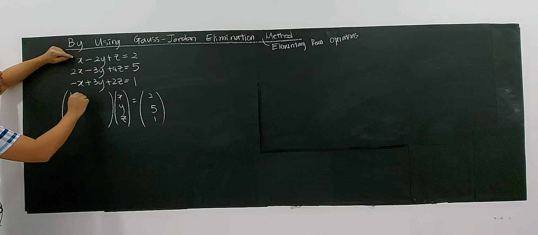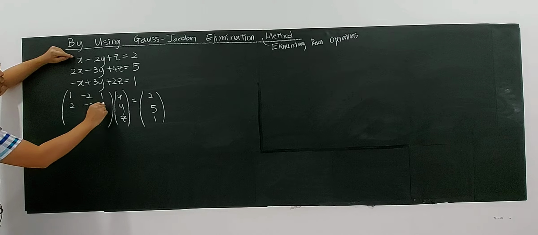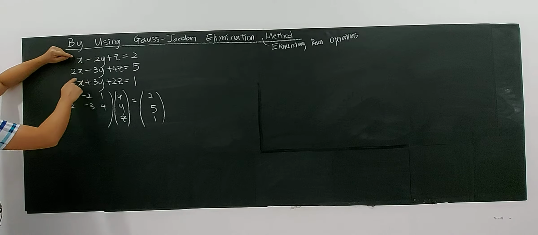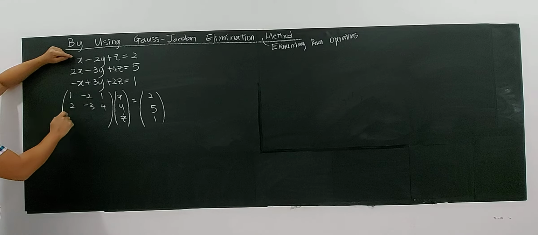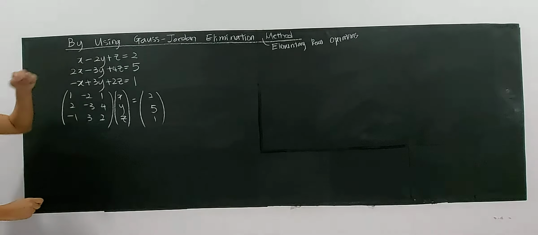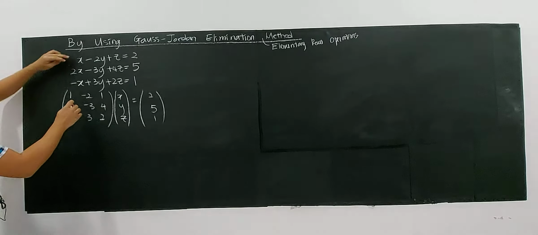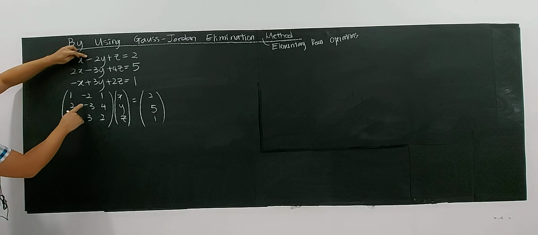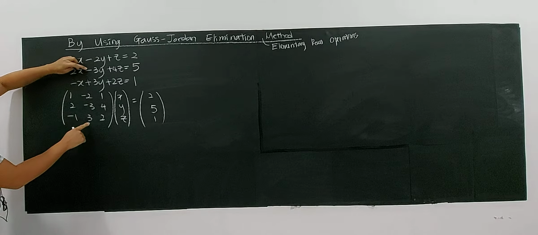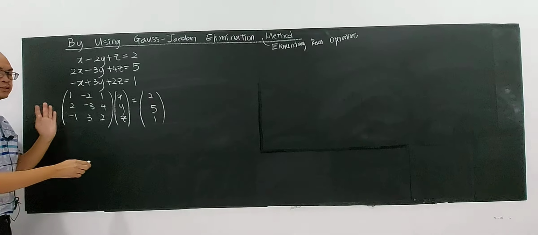So 1, -2, 1, 2, -3, 4, and here you have -1, 3, 2. Then this is your matrix form.